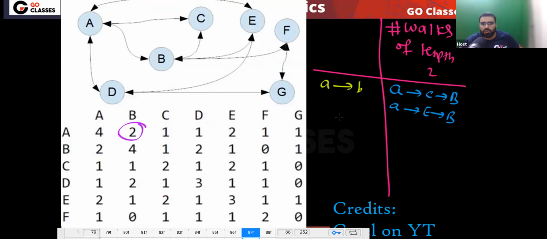Yes or no? Only 2, and that is the reason for this value 2.